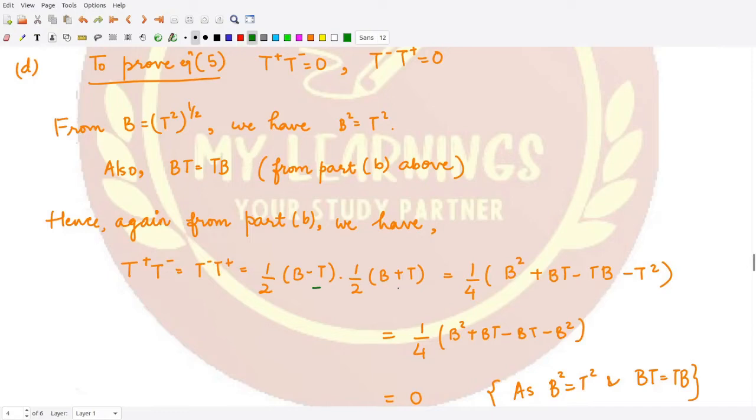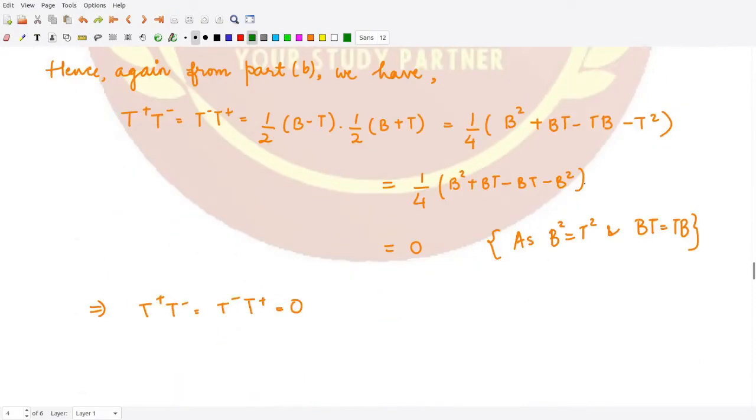Then minus T composed with T is minus T square. Because T square is nothing but B square, and TB is nothing but BT, replacing these terms, this term and this term cancel with each other, and this and this cancel with each other. Overall we have a 0 operator here.